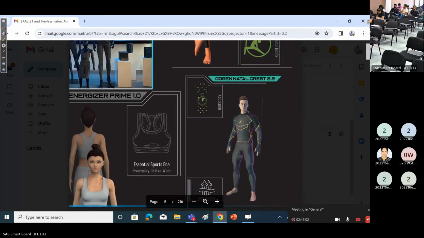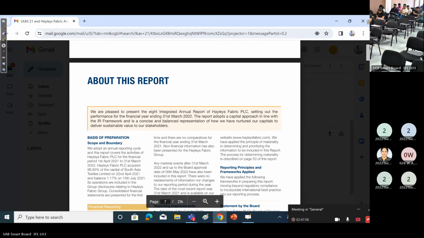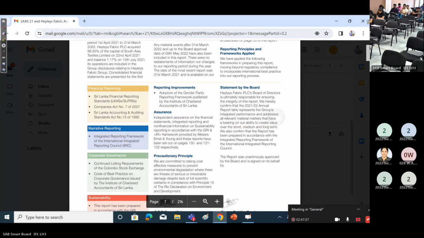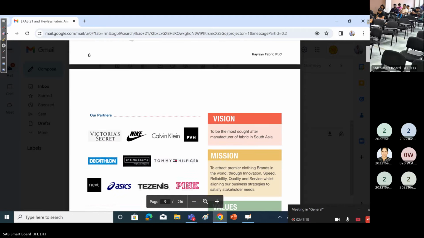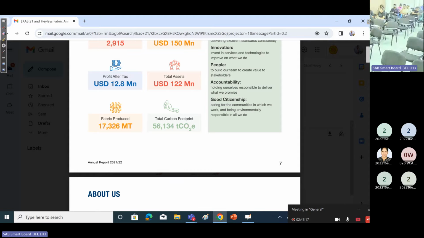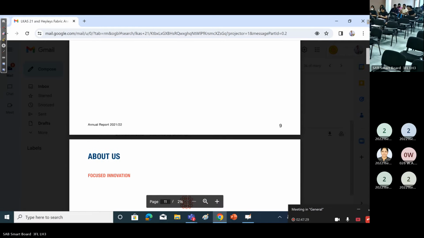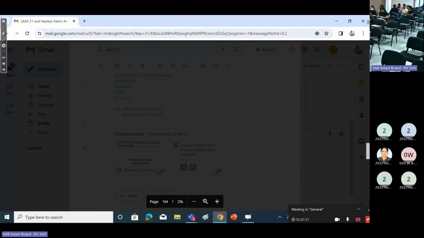Aries Fabric. Profit after tax. All figures are in what? US dollars. Right? Here is the annual report and financial statements.